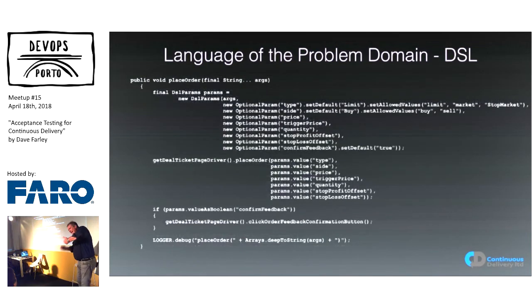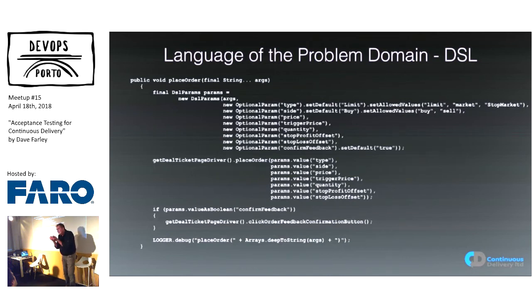The next layer down of the code, the implementation of the language, which is shared between all of these test cases, is interesting too. This is the implementation for place order through the user interface, and you can see that there are lots of optional parameters. In order to write test cases really quickly, if I don't care about the detail of the order, I can just say place an order, and it will make up stuff for me that will just work.